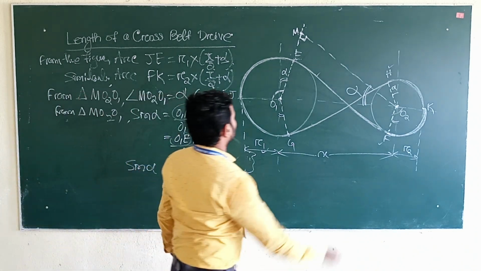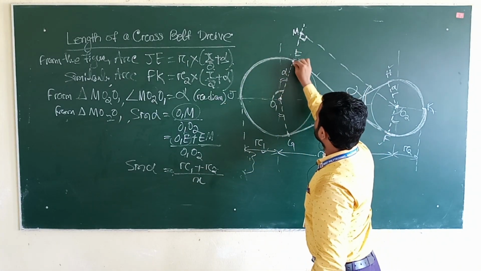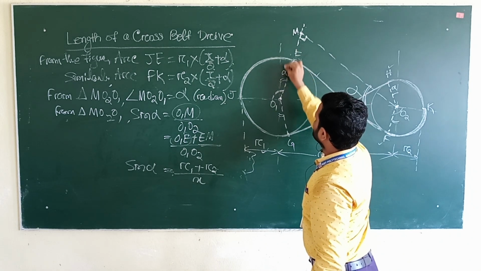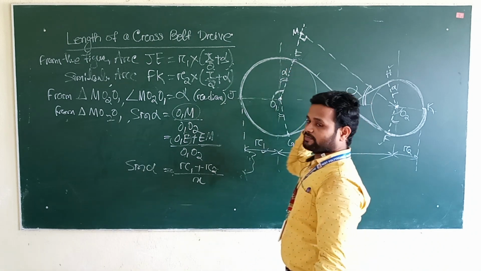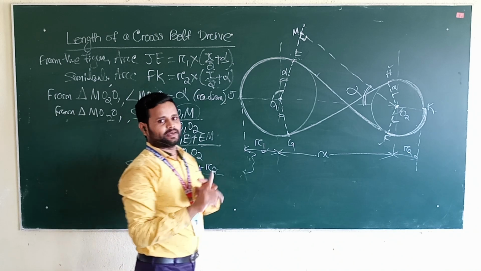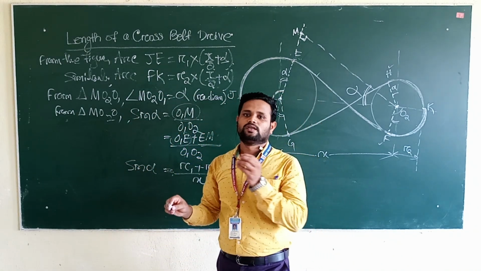Now you will see the point where the belt leaves the pulley, that is E point. We know that this angle made by the vertical line with point E is very small. That means the alpha value is very small. If one angle value is very small, then sine of that angle is very small.